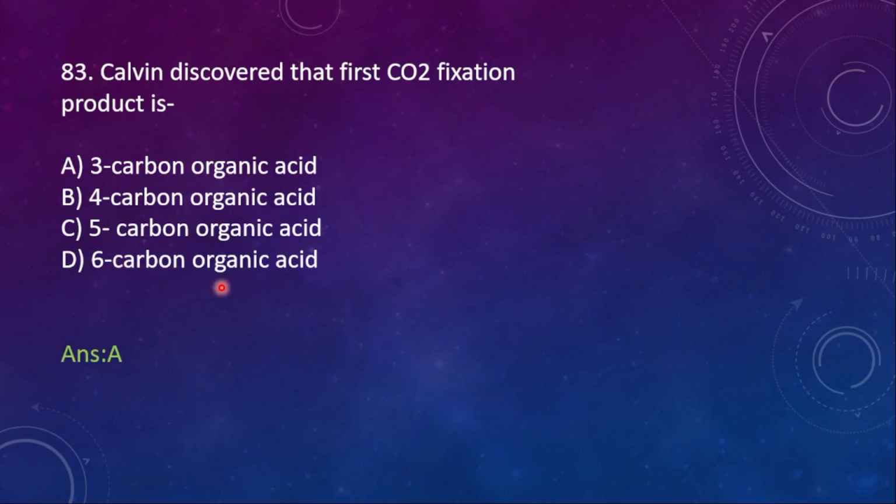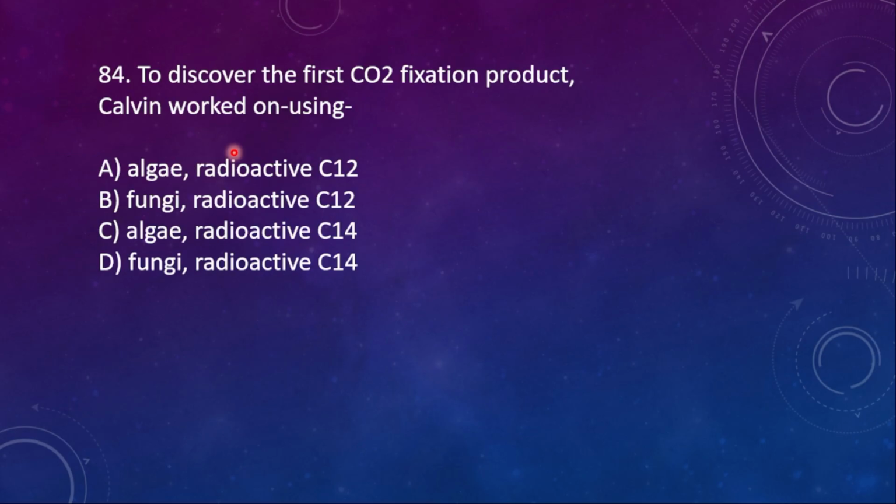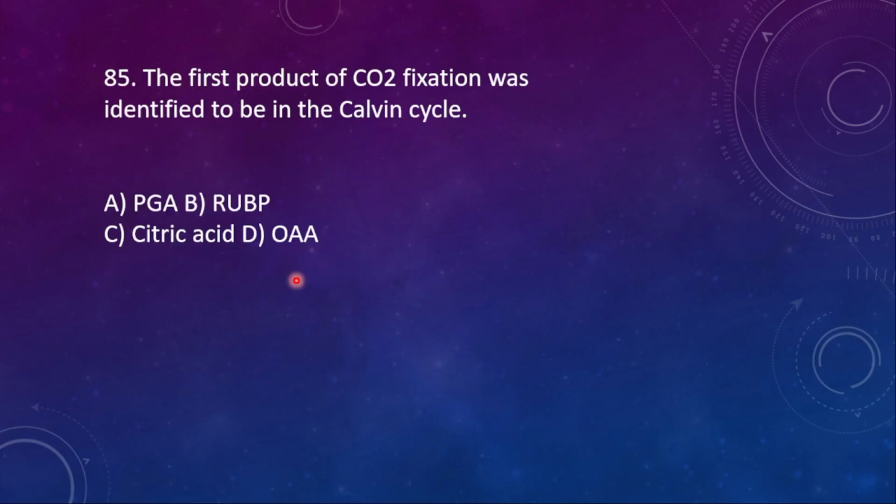Here the right option is option A. That is why the Calvin cycle is also called the C3 cycle. 84. To discover the first CO2 fixation product, Calvin worked using option A, algae with radioactive C12, fungi with radioactive C12, algae with radioactive C14, fungi with radioactive C14. So here the right option is C, radioactive C14 algae.